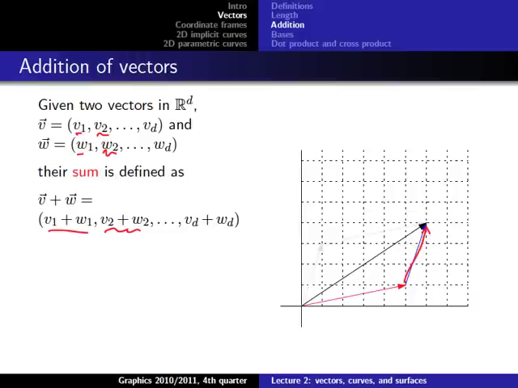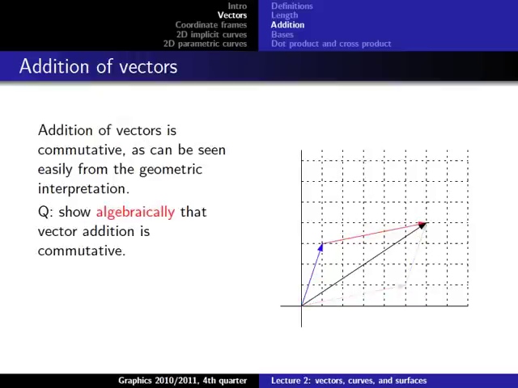From the image, we also see that there is not much of a difference if we take this vector and connect it here, or if we say we leave this vector here and then add this vector to this end here. In both cases, we end up at the same position, which means that the addition of vectors is commutative.